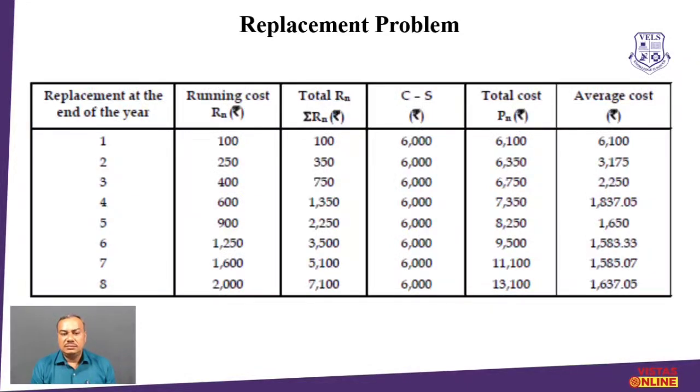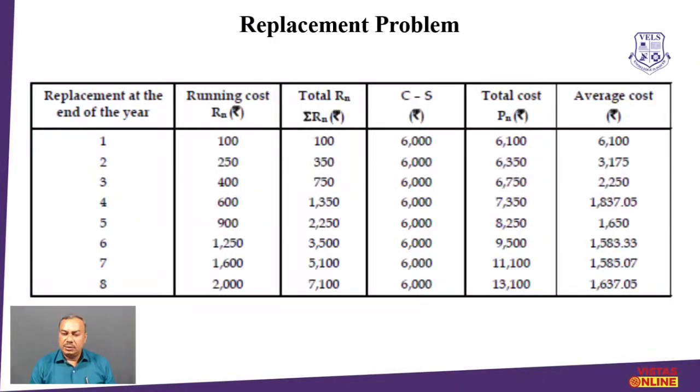Second column, maintenance cost or running cost. Third column, cumulative maintenance cost. Fourth column, C minus S, that is depreciation.